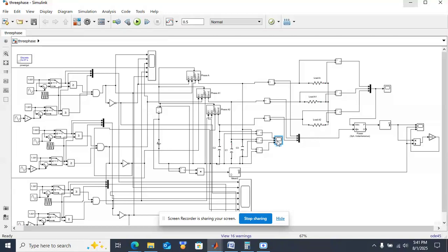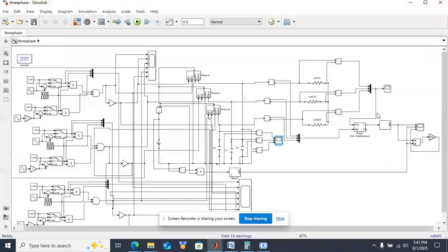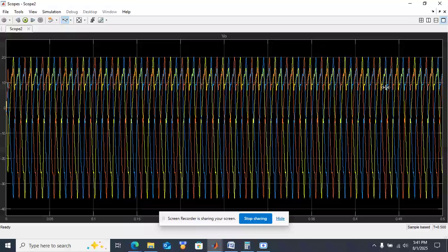The capacitor voltages for three phase are provided here. These are the capacitor voltages, and these are the three phase voltages.